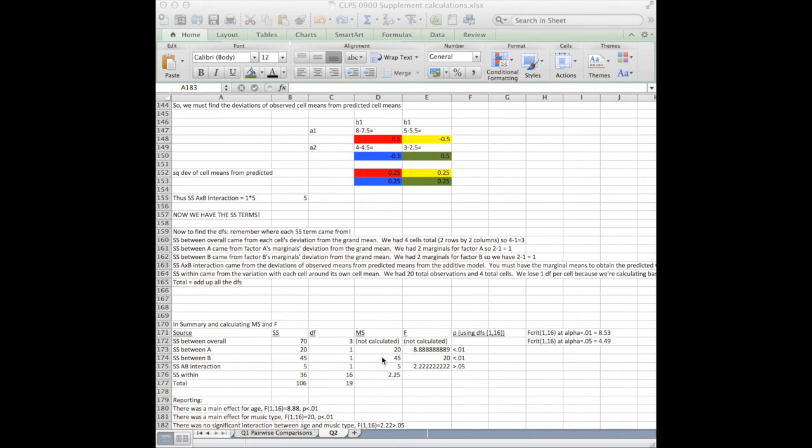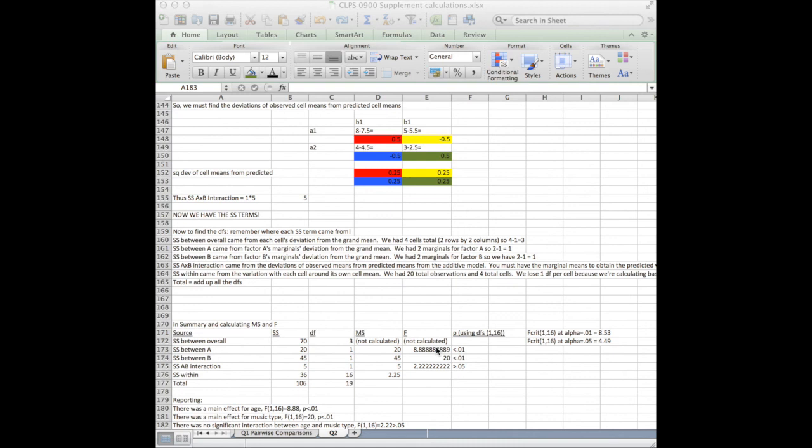So we would do MS for A, so that's 20 over MS within, which is 2.25, so 20 over 2.25 gives you the F value observed for A. And then do the same thing for B, so 45 over 2.25 gives you 20, and then you have 5 over 2.25, which gives you 2.2 repeating, and that's for the interaction term.